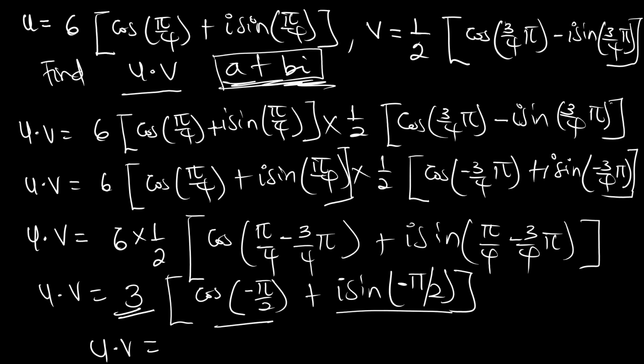So 3 times negative 1 times i, we are going to have negative 3i. It's our final answer. So in the form a plus bi, we have just negative 3i. It means the complex number does not have a real part. Alright, it is purely imaginary since we do not have a real part. So that is how we multiply two complex numbers in the polar form.